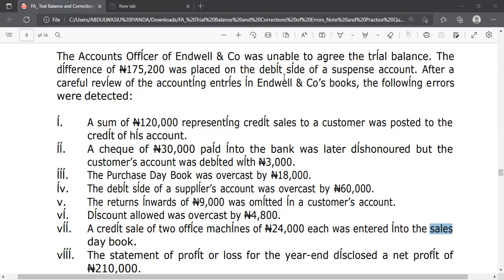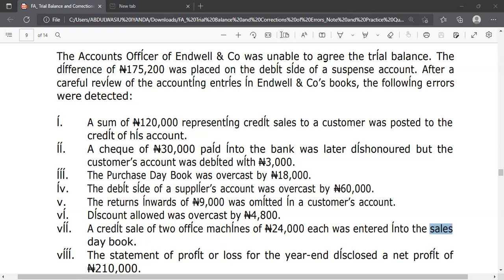Hold on. A sum of 120,000 representing a credit sales to a customer. I think it is an account receivable and it's an asset, so it's supposed to be debited on the debit side. I think.